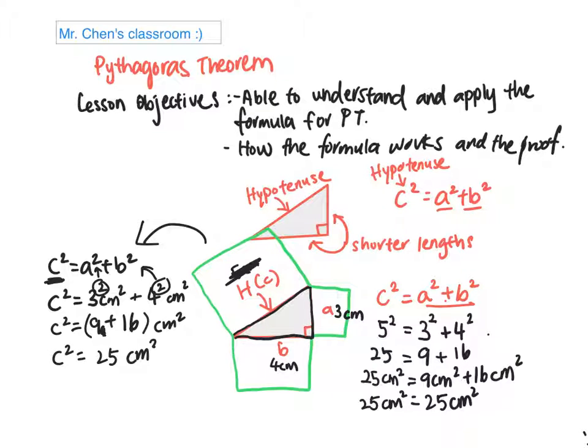What is the length of the hypotenuse alone? Remember, this is the square, and so you have to get rid of the square. The opposite of the square is the square root. So you have to square root, and you have to do the same for both sides.